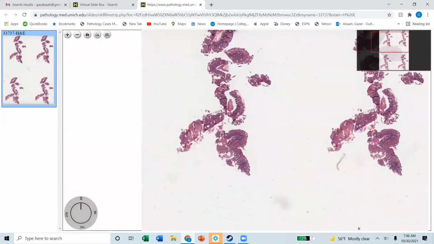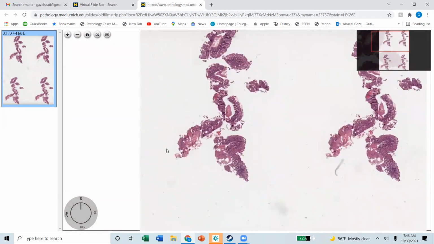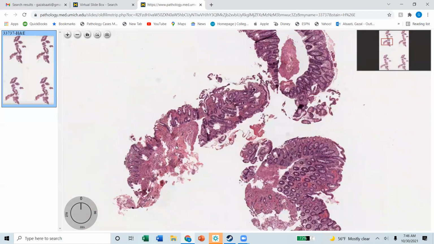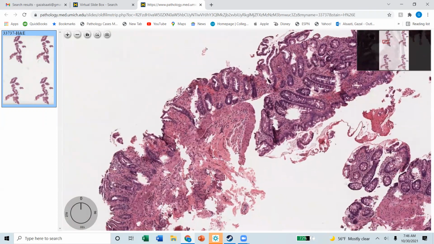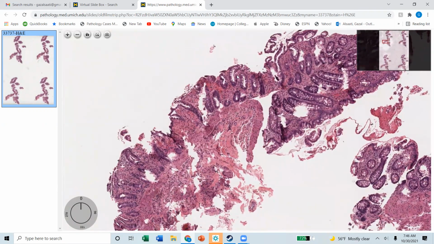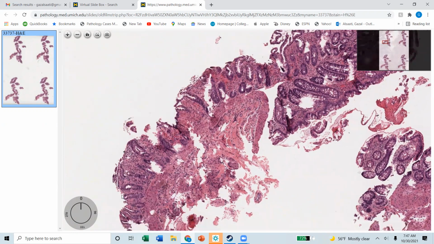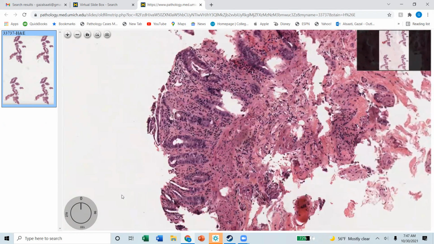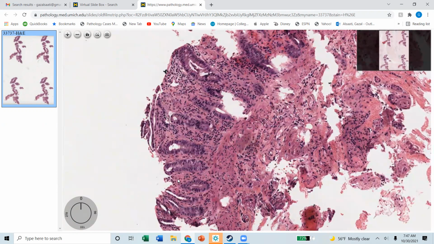Here it's a little bit darker, and I can see some pink material in my colon, so I go higher power. I see that my surface has tethering, and the crypts are almost dying. This is a very classic case of ischemic colitis.